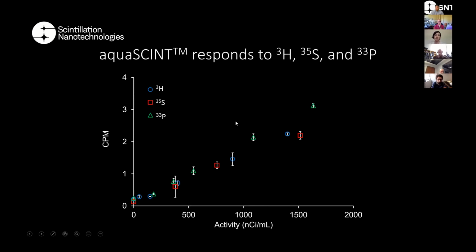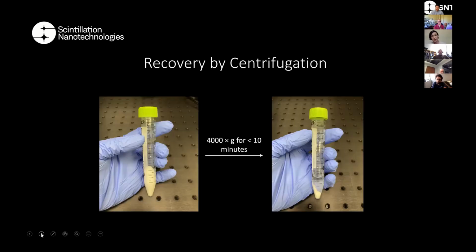So for just general detection of radioisotopes, aquascint can detect those in a typical liquid scintillation counter. You can also recover them. So even though they are small, you can centrifuge the aquascint particles and recover them. So you can recover your sample and potentially reuse the particles.